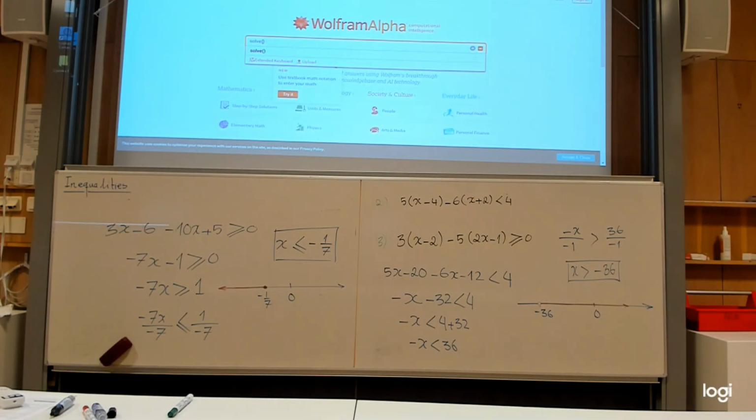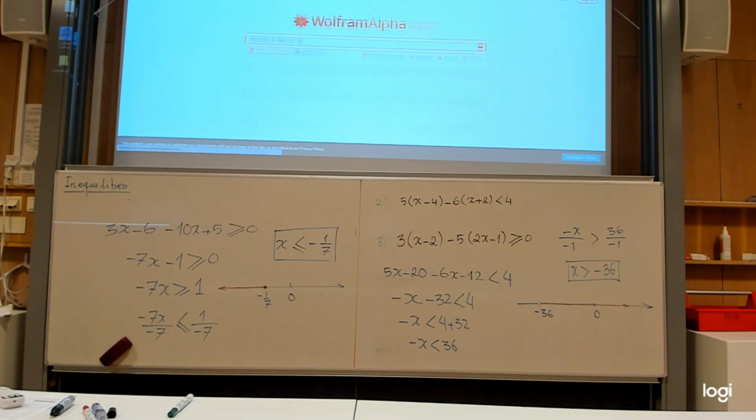So it becomes 3(x minus 2), and then I have minus 5(2x minus 1). I just punch this because I don't know the syntax. Apparently, this will understand what you want to do. Okay, no, it's greater than or equal to 0. So let me just put greater than or equal to. I just randomly punch things and 0. And then I press enter to see what happens.